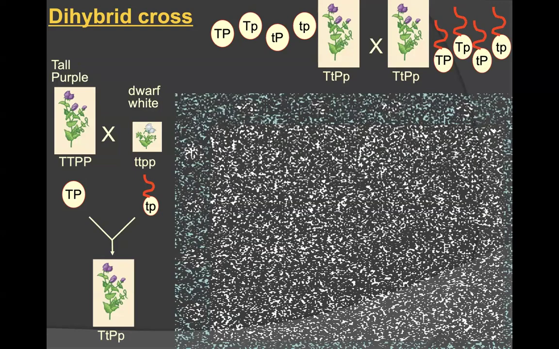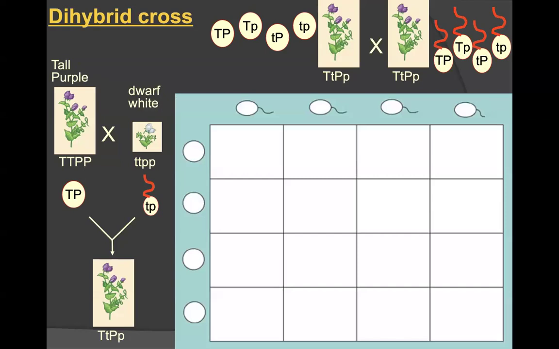So now let's do our Punnett square. We line up one parent's gametes on the left side, and we line up the other parent's, in this case the sperm gametes, on the top. We can now determine what our offspring potentials are. If we had a big T, big P egg fusing with a big T, big P sperm, we would then have big T, big T, big P, big P as our offspring.